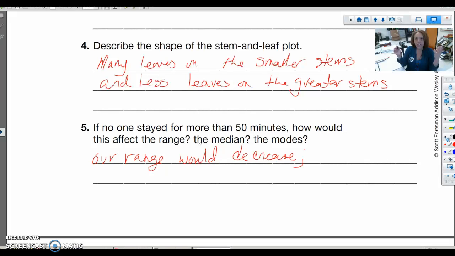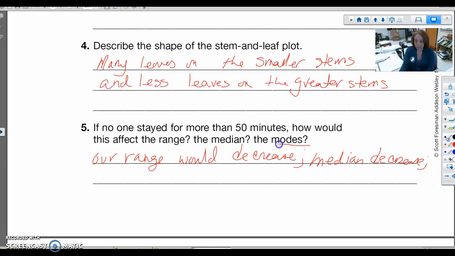If we still had 24, we would still have to find the 12th number halfway through to find out what that is. So it may or may not decrease, but in this case, it would decrease if all information is the same. So median would see a decrease.